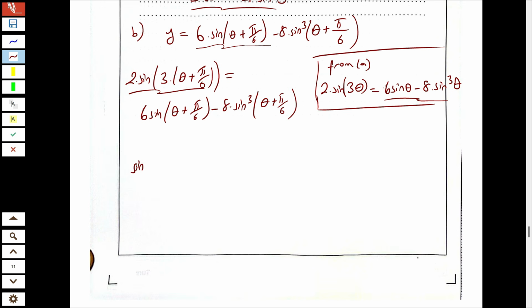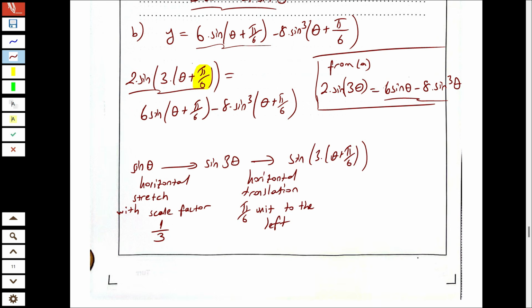So first, I will apply the horizontal stretch, which is going to be 3 theta, right? This is a horizontal stretch by scale factor 1 over 3. And the second one will be a horizontal translation of pi over 6 to the left.